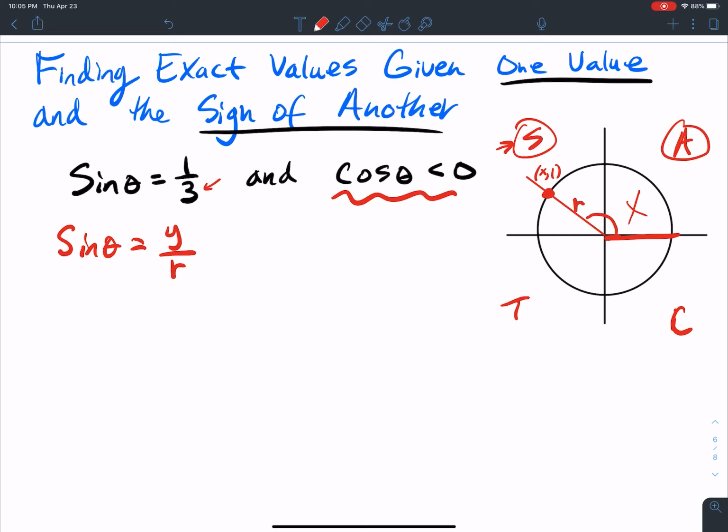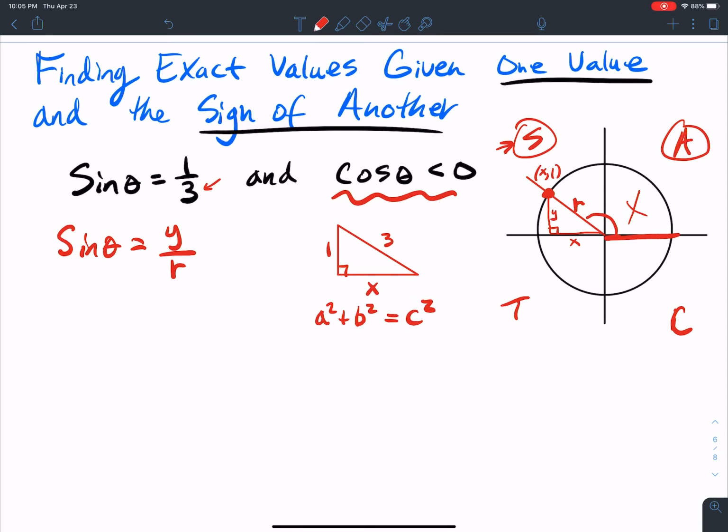So now what I'm going to do is use the Pythagorean Theorem to figure out what's going on here. All right, I need to figure out this x. I know r and I know the y. So how do I use the Pythagorean theorem here? Well, the y is 1, the r is 3, and I'm looking for this. So a squared plus b squared equals c squared.